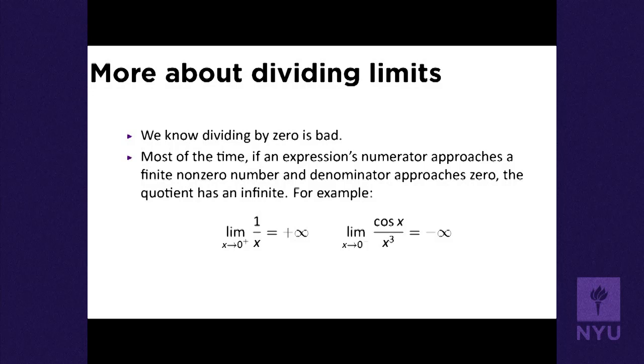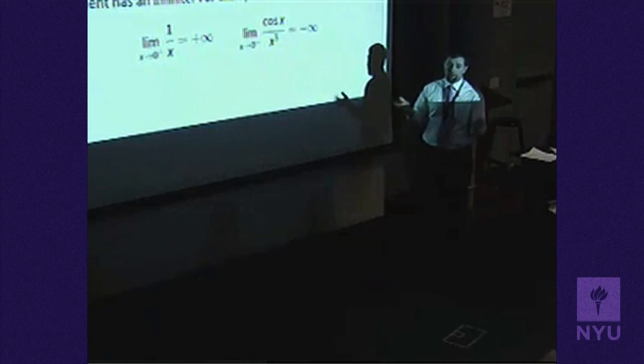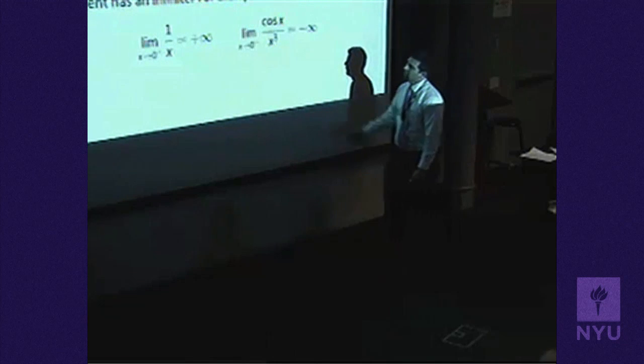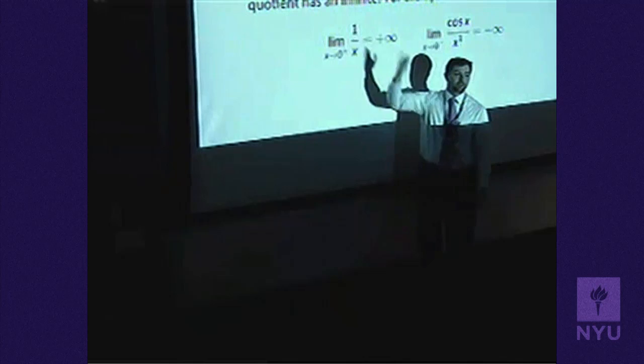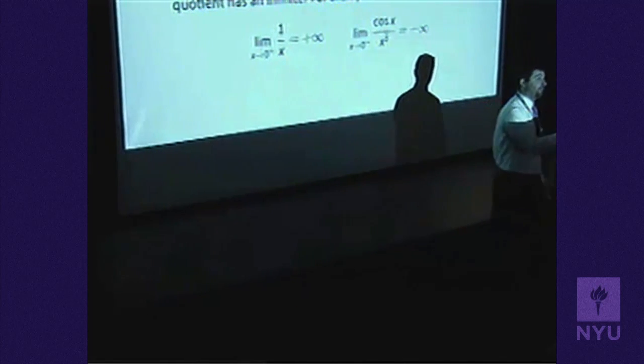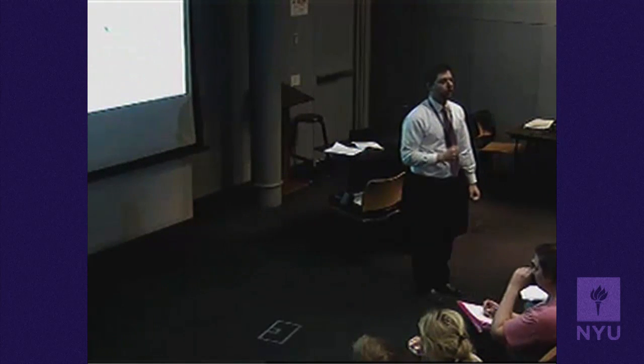Okay. Now, what this doesn't mean is that the limit of the quotient definitely doesn't exist if the denominator goes to 0, but there are special cases which have to be examined. We know that we can't divide by 0. Most of the time, if you have a quotient where the numerator goes to some finite non-zero limit and the denominator goes to a limit of 0, then, again, most of the time, the quotient will be some kind of infinity.